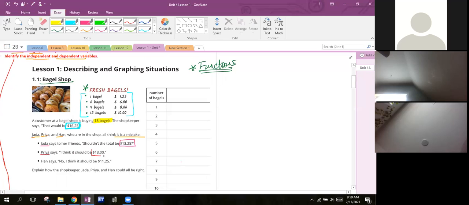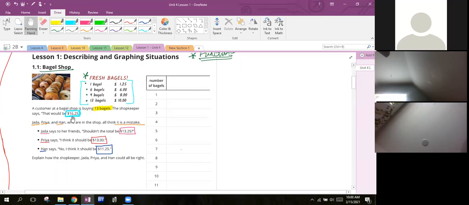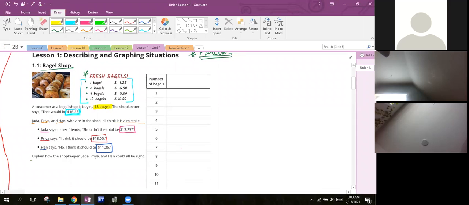Priya says, I think it should be $13. And Han says, no, I think it should be $11.25. So it wants you to explain how the shopkeeper, Jada, Priya, and Han could all be right.